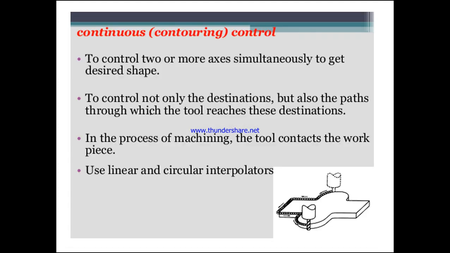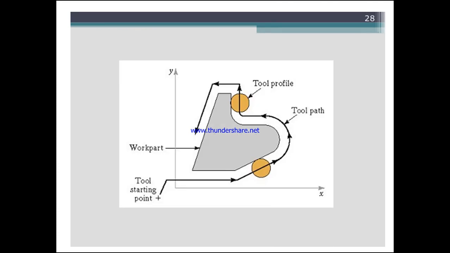Continuous control: to control 2 or more axes simultaneously, we get a desired shape. To control not only the destination but also the path through which the tool reaches this destination. In this process of machining, the tool contacts the workpiece. It uses linear and circular interpolation methods, and it goes on having the continuous control.